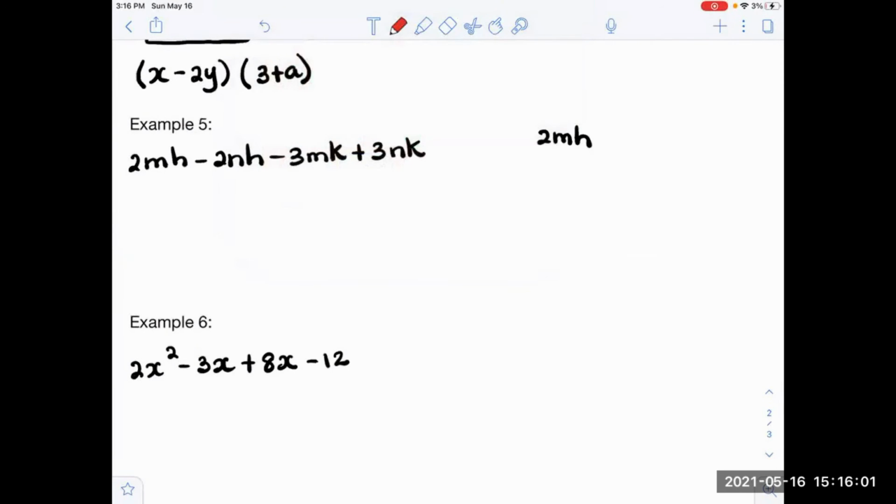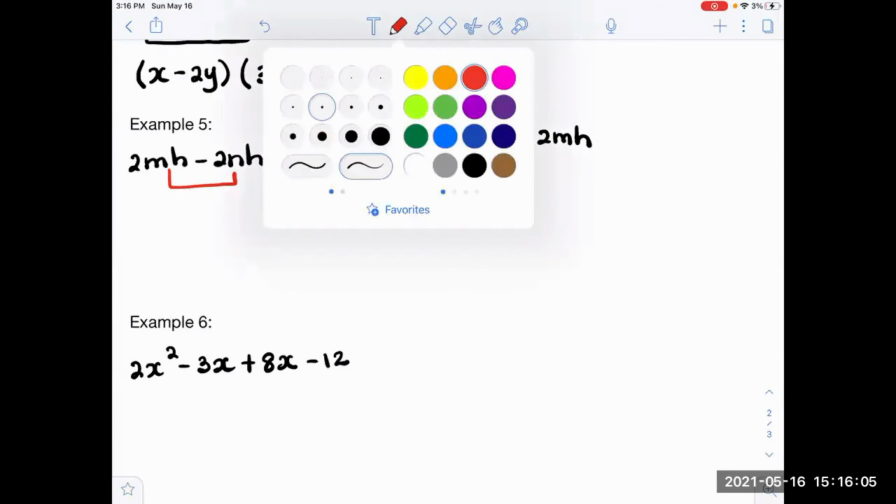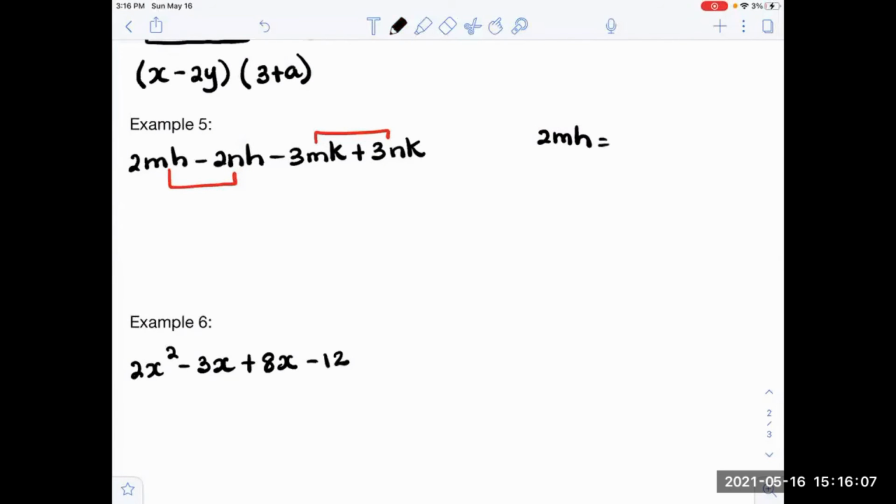So we group them in pairs, which is 2 by m by h. 2nh is simply 2 by n by h. Common factor 2 and h, 2h. So 2h goes outside, and whatever I did not circle goes right back in.